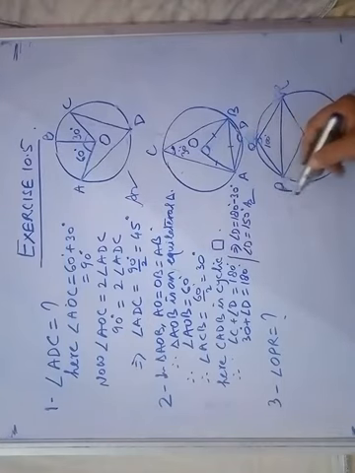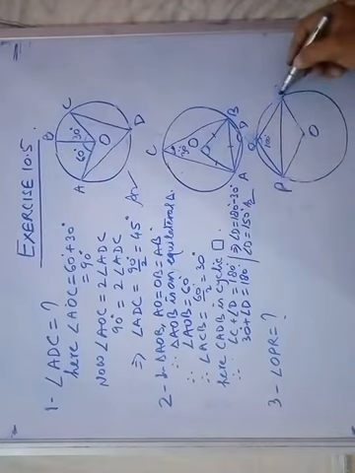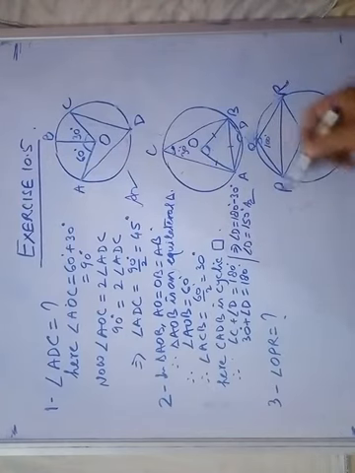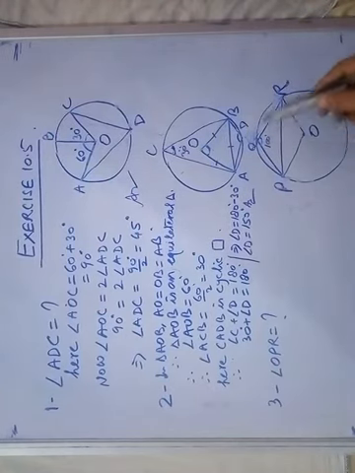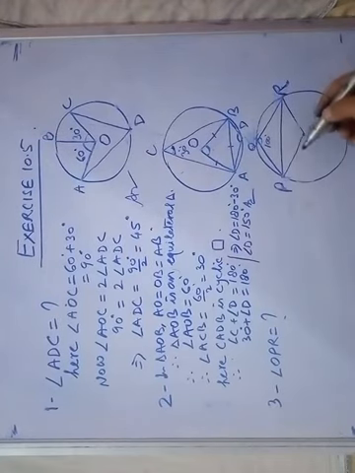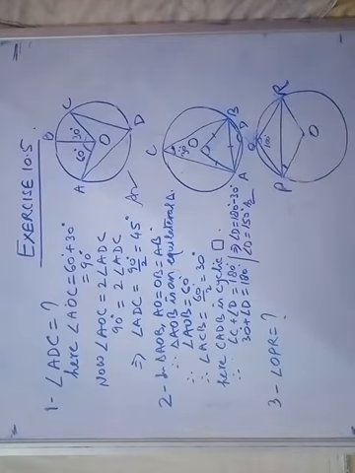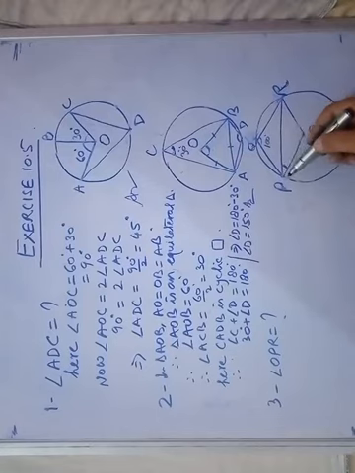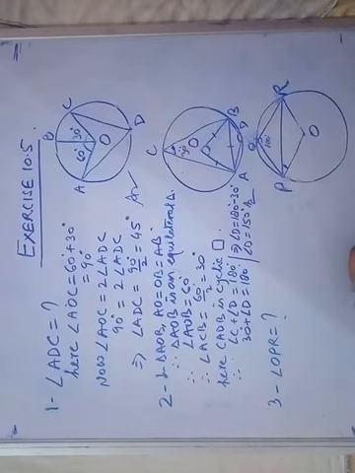Now in question number 3, a figure is given. P, Q, R are 3 points on the circle such that angle PQR equals 100 degrees, and we have to find angle OPR. The angle subtended by an arc at the center is double the angle at the remaining circle.